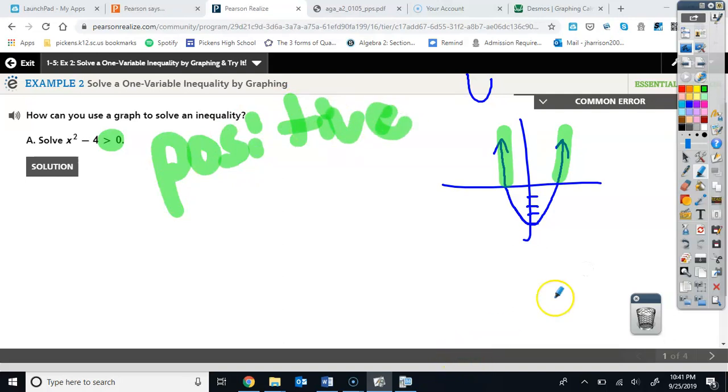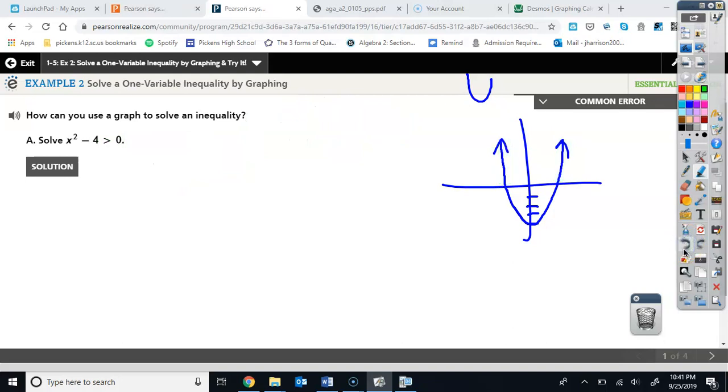So, how do I find those values? Basically, I'm going to do the same thing I did with the domain and range stuff the other day. But I will need to have the graph a little bit prettier than what Mr. Harrison has drawn. So I need to find some numbers.